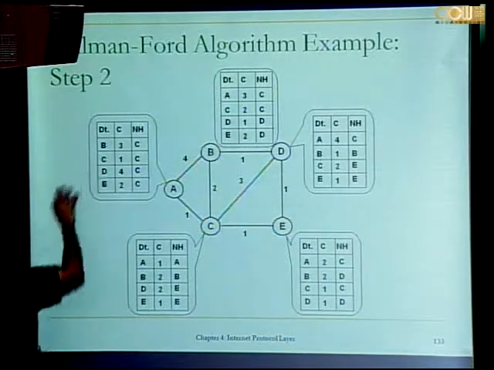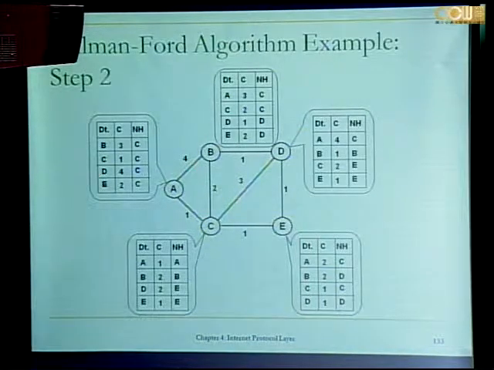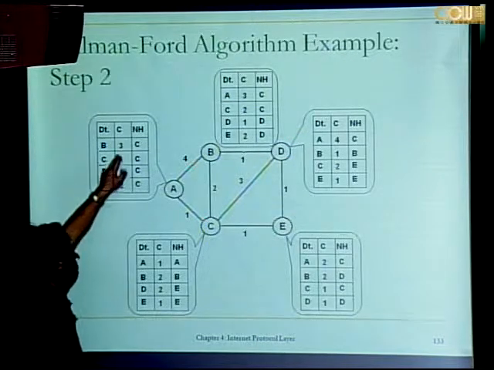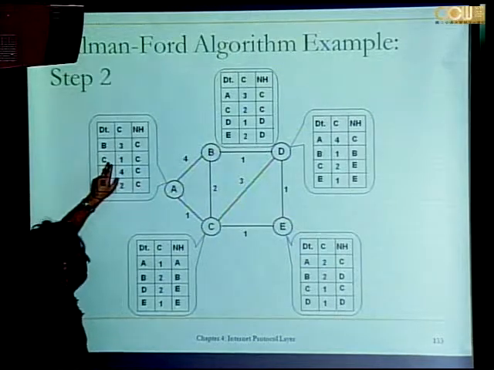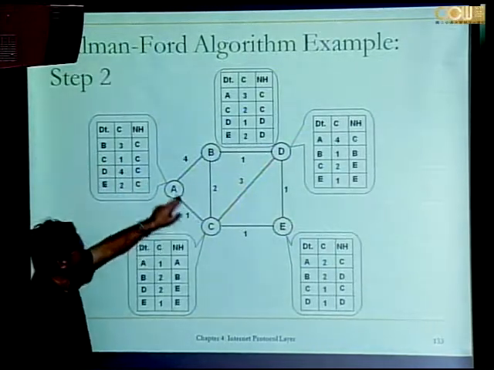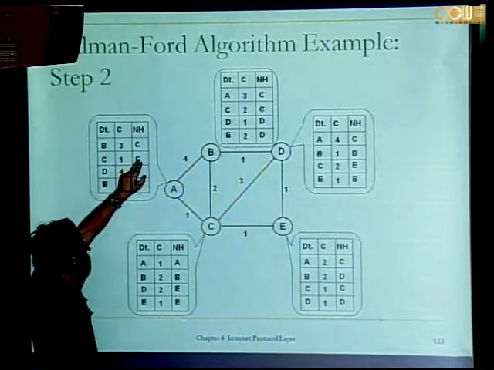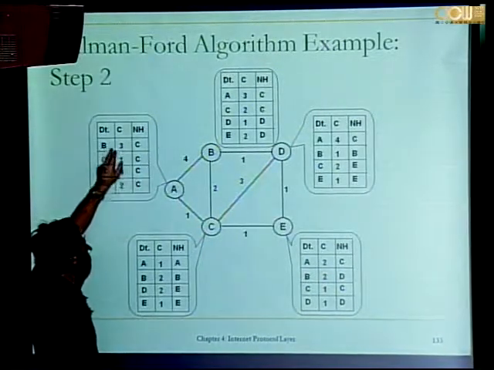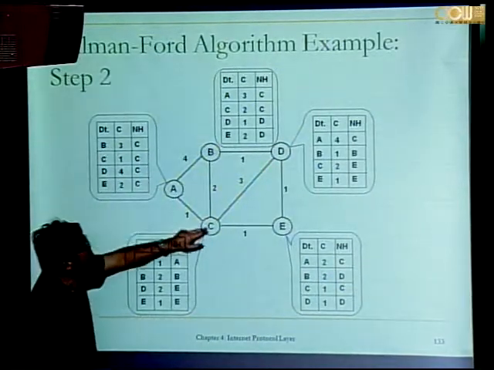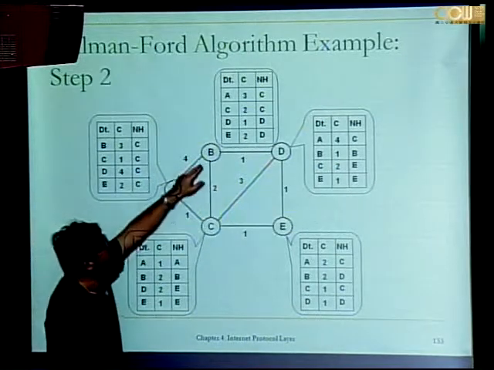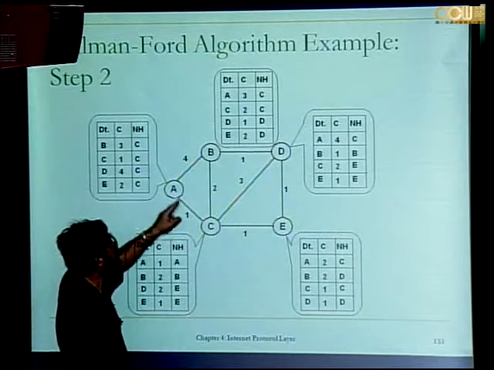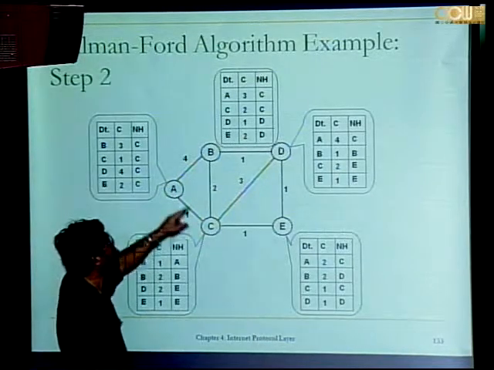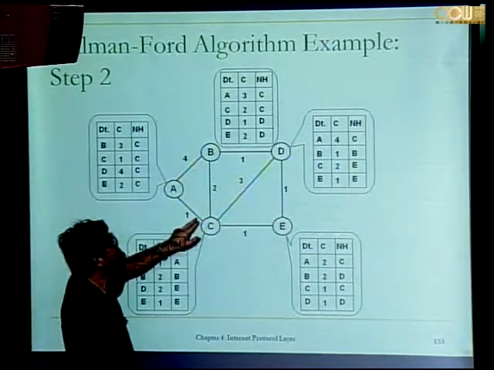And even for B and C, I change things I know. For example, here I can reach C with the cost of 1, and the next hop is C. But now, since C told me that it can reach B at a cost of 2, I add that to my cost of 1.